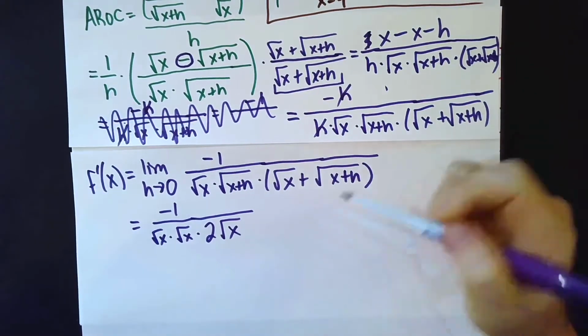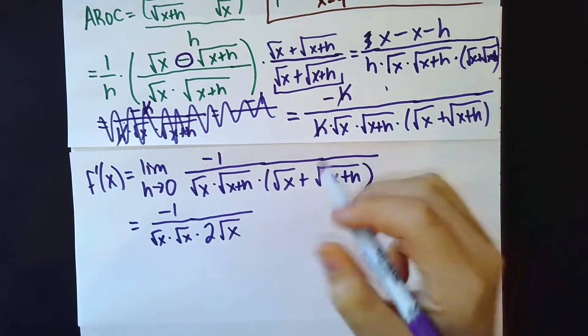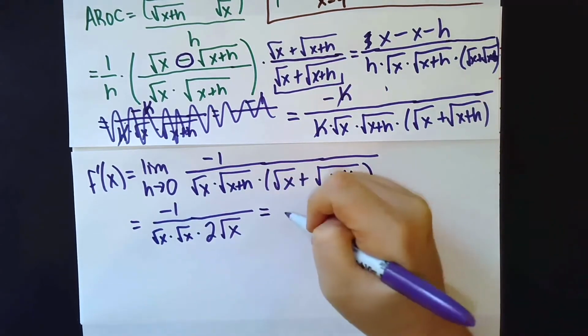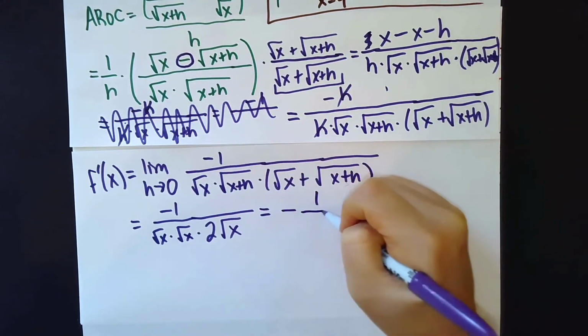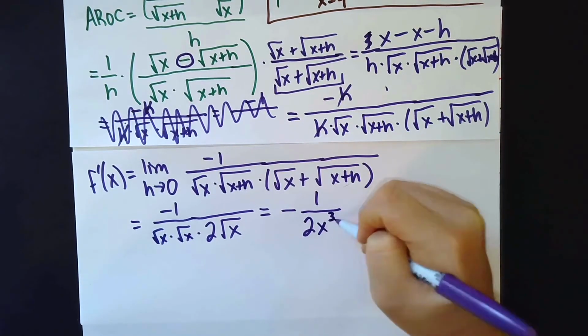It's twice the square root of x because this is a square root of x plus the square root of x plus h, and this is also going to give me a square root of x. And so my conclusion at the end of the day is that f prime of x is minus 1 over 2x to the 3 halves.